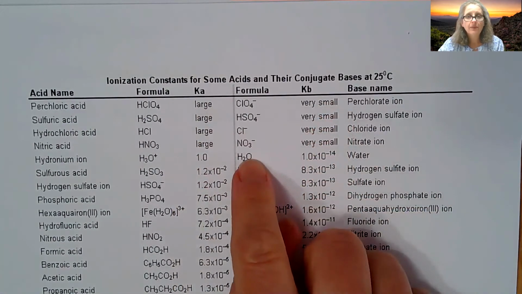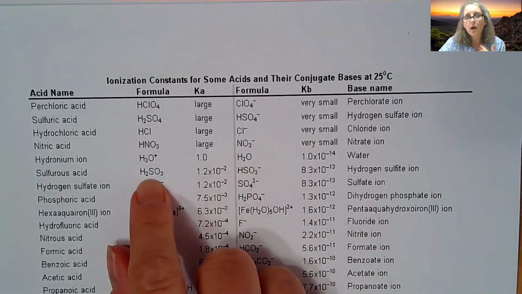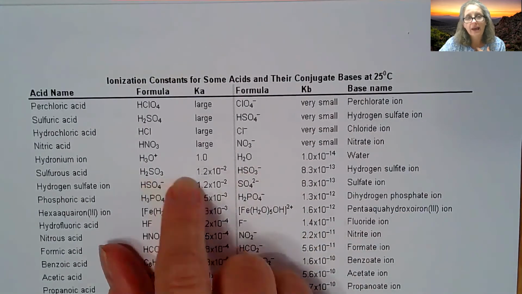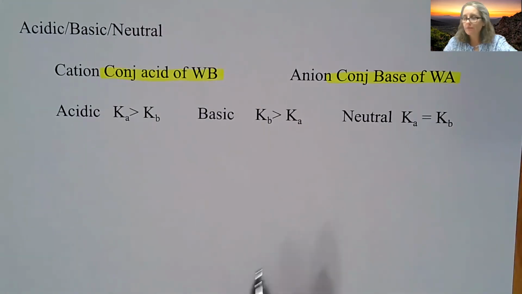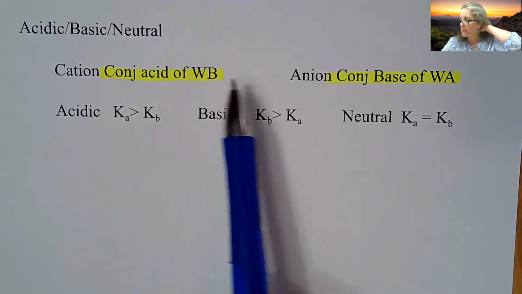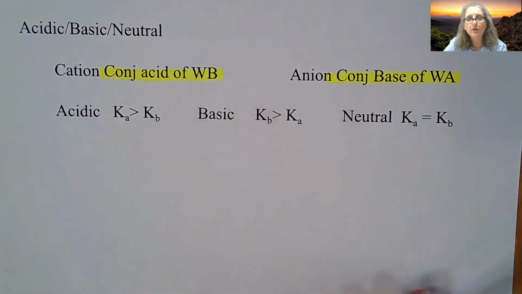So if I have HSO3 minus being a weak base, it's taking on an H. If it's H2SO3 and it's in a Ka column, that means it's releasing that H. So what you have to do is compare your weak base and your weak acid component to see exactly who is going to be the bigger component.